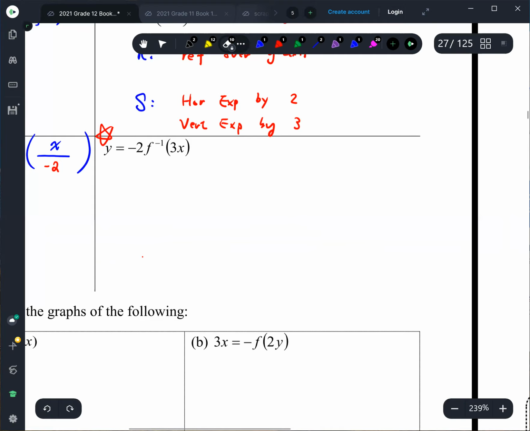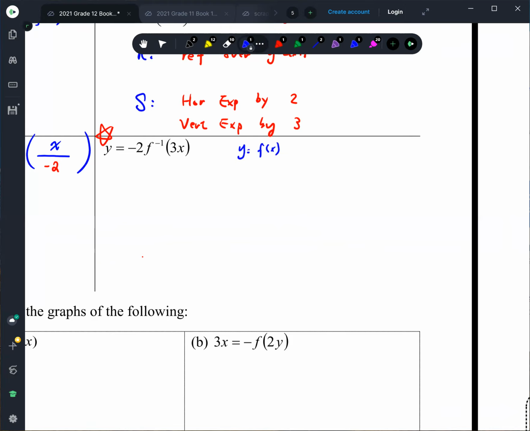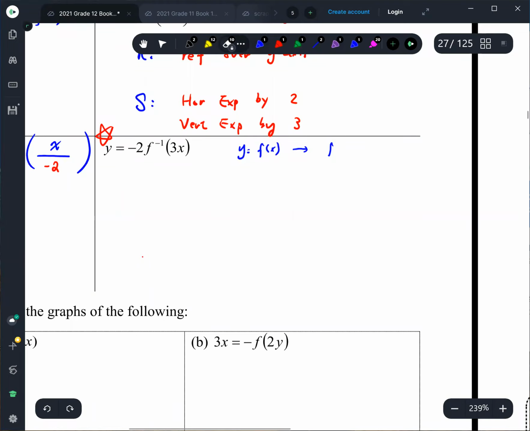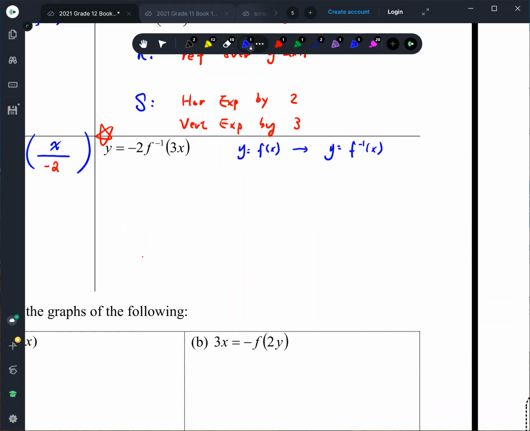So first you would have y equals f of x, right? And then it becomes y equals f inverse of x. So your original is always the y equals f of x without anything, okay?